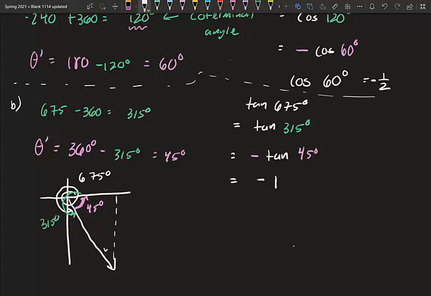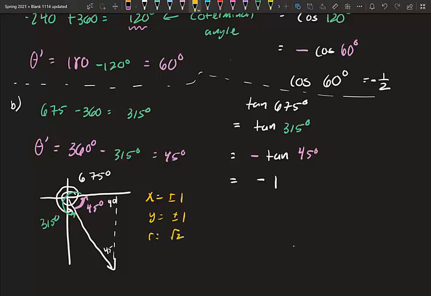That means we're working with a 45, 45, 90 triangle. So 45, 45, 90, it's 1, 1, square root of 2. It's just whether it's positive or -1. Your x is 1, positive or -1. Your y is positive or -1. And your radius or hypotenuse is square root of 2.